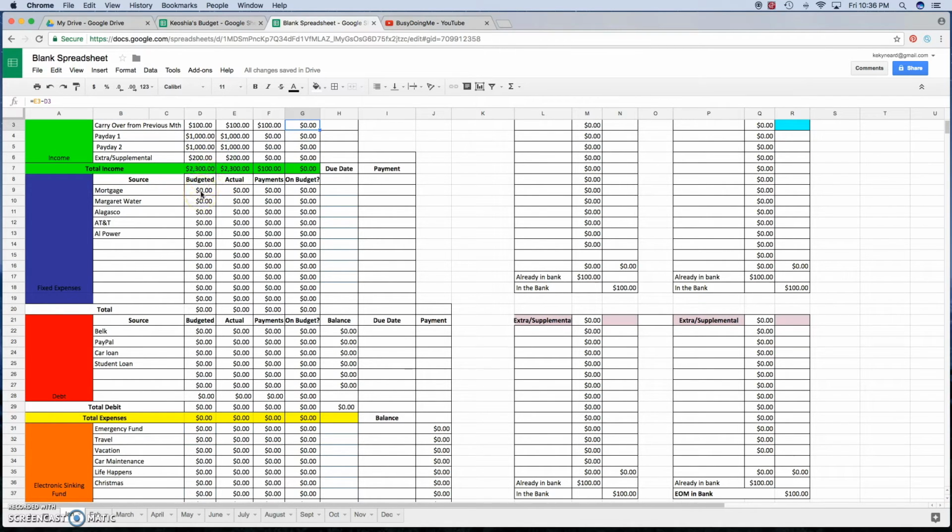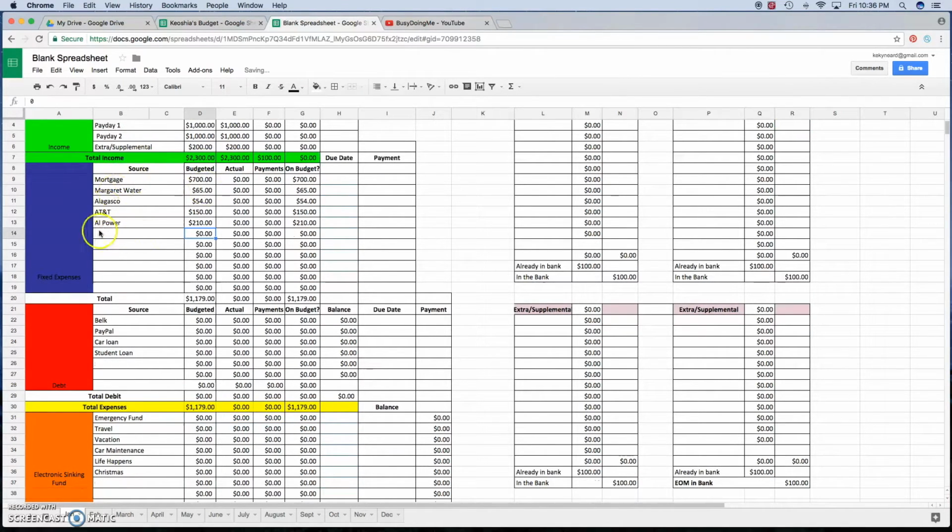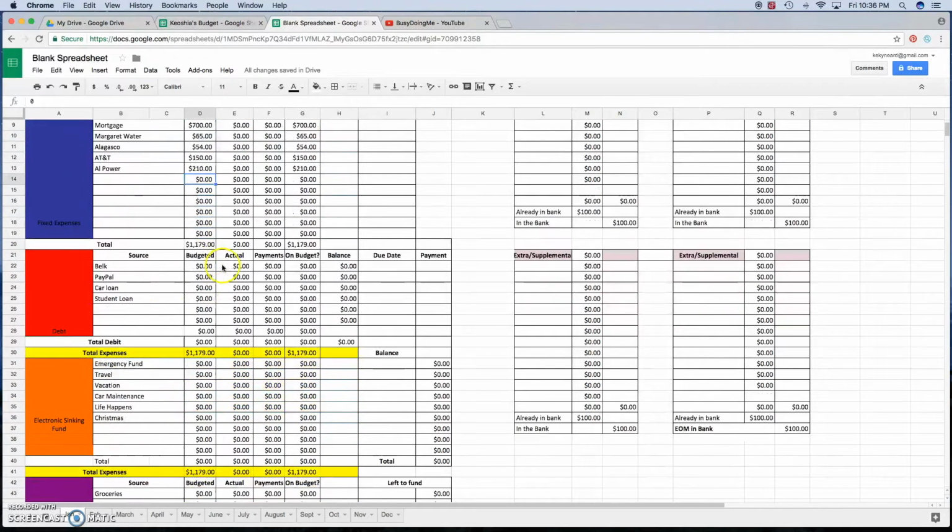So let's start budgeting. Let's just say our mortgage is $700, our water bill is $65, our gas bill is $54, AT&T, you know they high, $150, Alabama Power, let's say it's $210. And if you have any more fixed incomes, you can just type them in here and then put in the amounts.